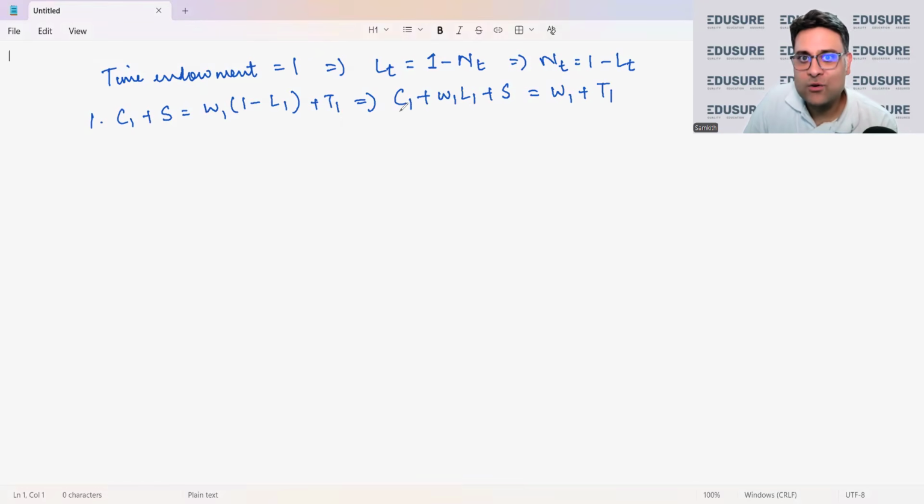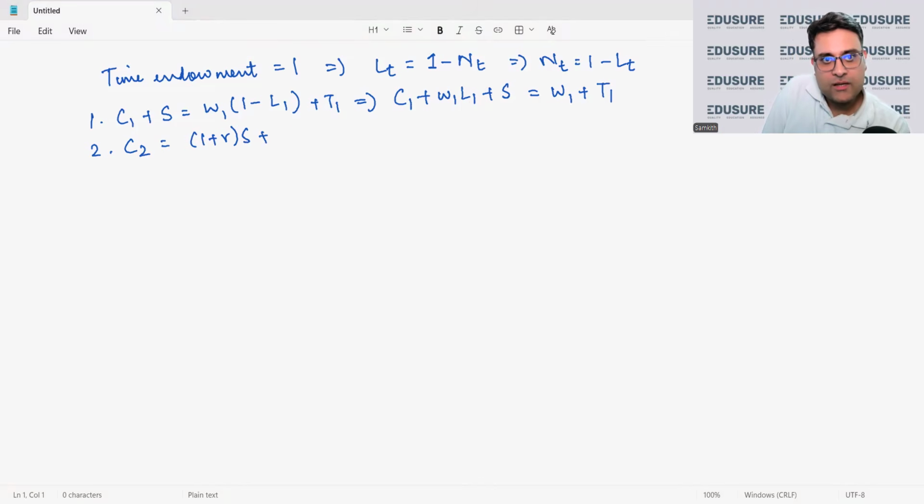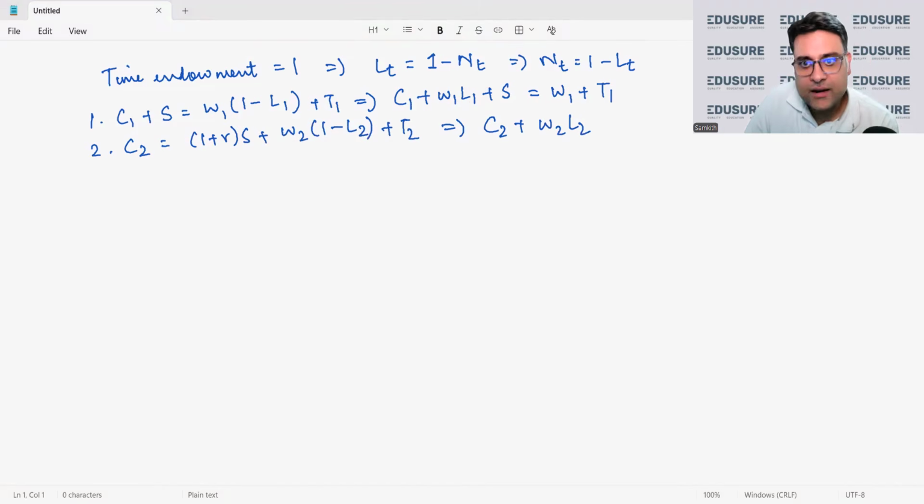I'm trying to write it down in C1 and L1. Clear? And second, C2 is equal to 1 plus R into S plus W2 into 1 minus L2 plus T2, which basically gives us C2 plus W2 L2, taking it on the other side, is equal to 1 plus R into S plus W2 plus T2.